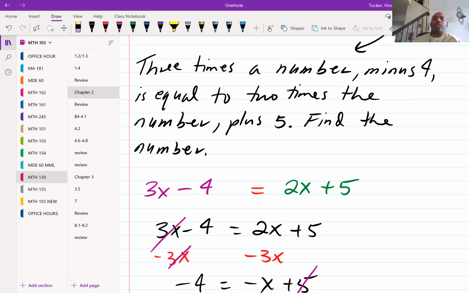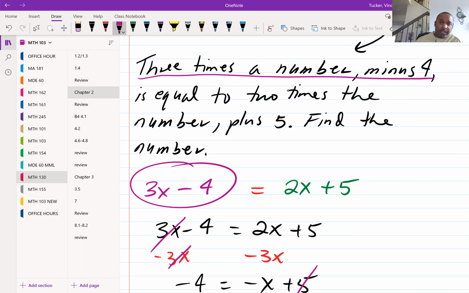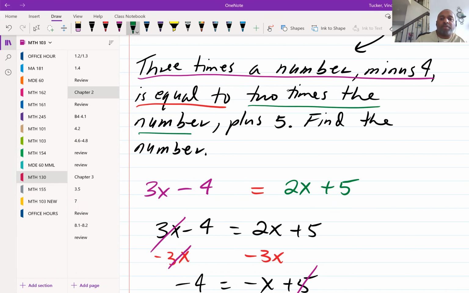All right. So let's look at how we can set up this equation. 3 times a number minus 4. That's my purple over here. So that's 3 times the variable, then minus 4. Is equal to is my equal sign. And then we have 2 times the number plus 5.